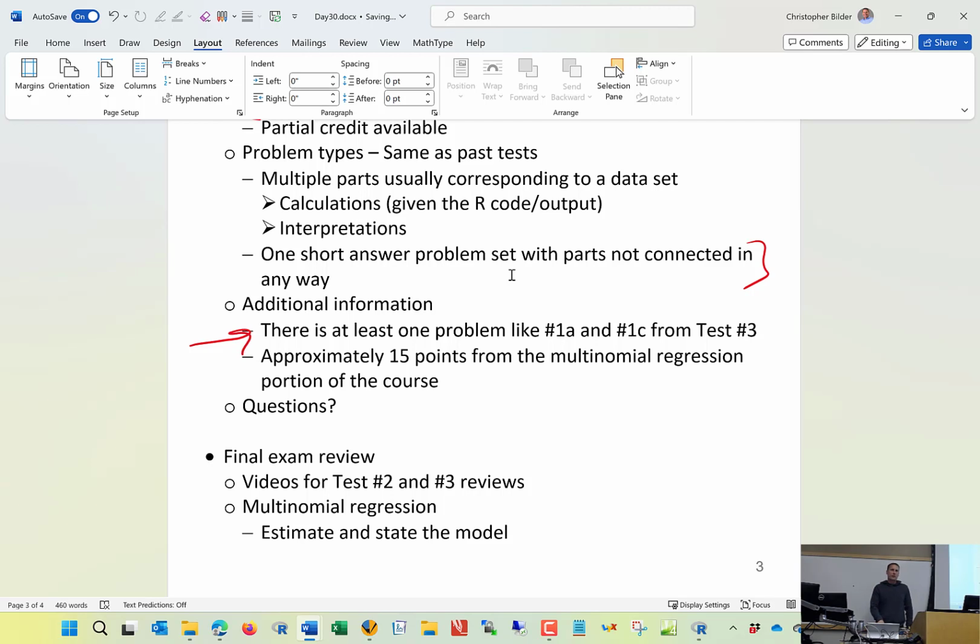Remember, that was a particular problem where I had you do nearest neighbor classification with 4 observations, by hand without the help of R. There's going to be at least one problem like that. So that was 1A, the nearest neighbor classification, and then 1C was the cluster analysis using the furthest neighbor method. There is approximately 15 points from the multinomial regression part of the course.